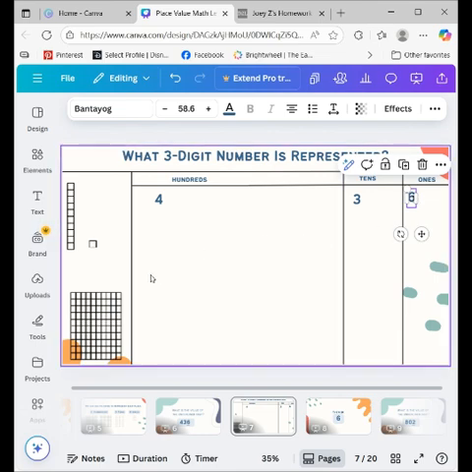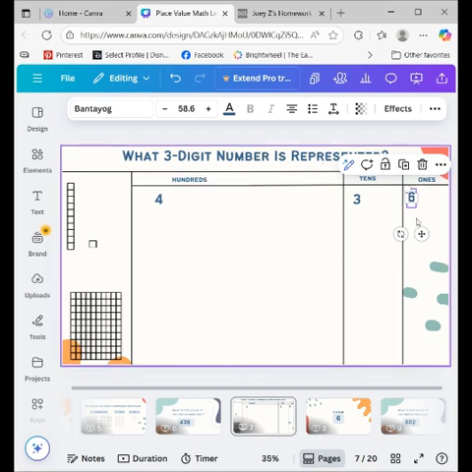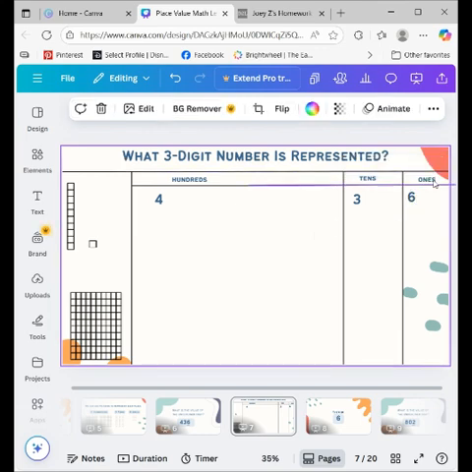Now, let's start with the ones place, okay? So, there is a number 6 here. So, we are going to take the 1 square and we are going to count them over to the ones place.